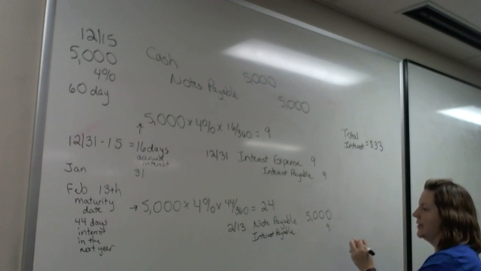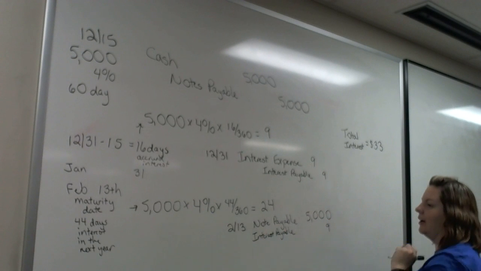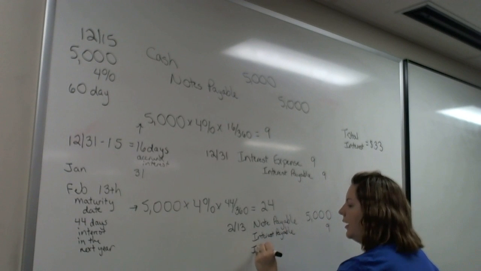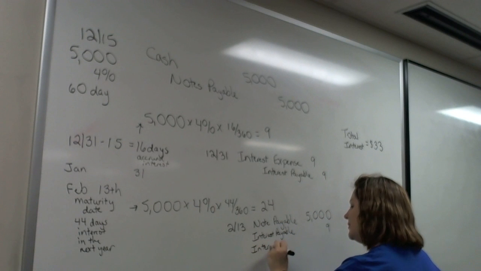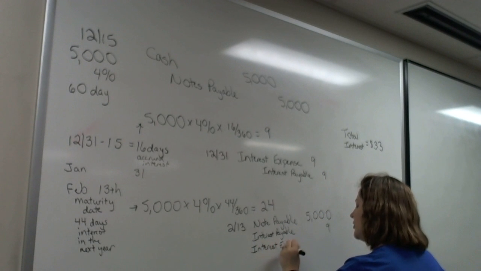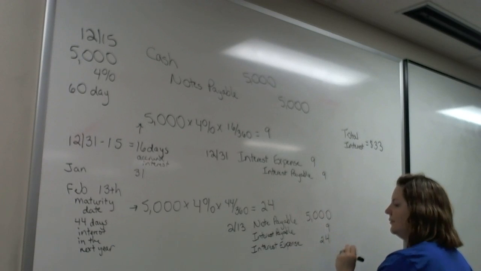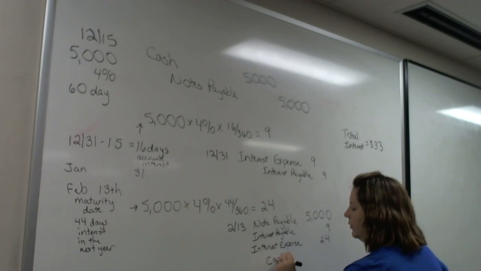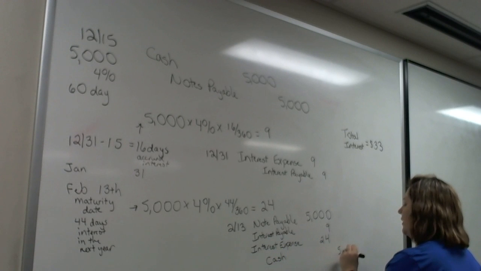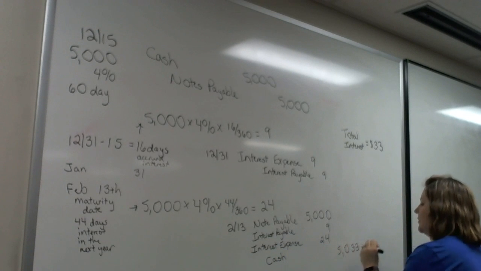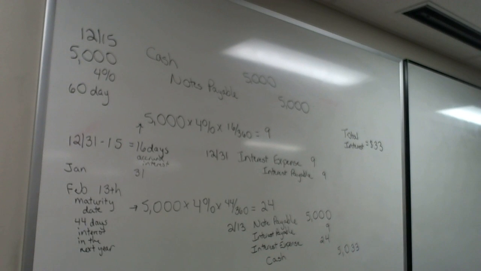Interest payable gets debited the $9 that we're paying off. And then we debit interest expense for the expense of the interest we haven't yet recognized, which is $24. And then we credit cash for the $5,033. So we credit cash for the full payment.